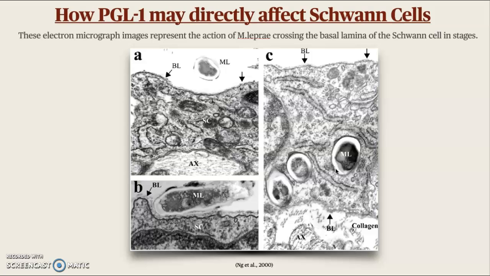It comes in contact using the PGL-1 on the outer surface of its cellular membrane, and it attaches to the basal lamina by the laminin 2 receptor, and then it gains entry into the Schwann cell, somehow proliferates, and causes damage by demyelinating the Schwann cell from the axon and then causing axon damage to the neural tissue. This was the widely understood version of how M.leprae infects nervous tissue for a very long time.